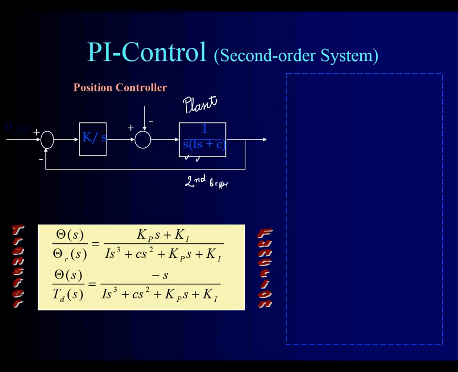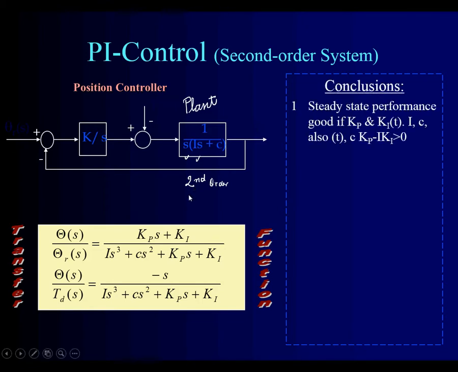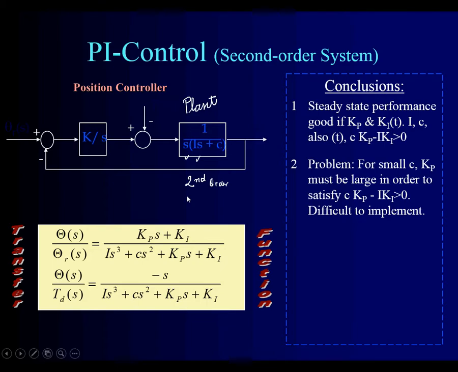All right, so if you build this type of control, you have Kp plus K sub I. This would be the transfer function.